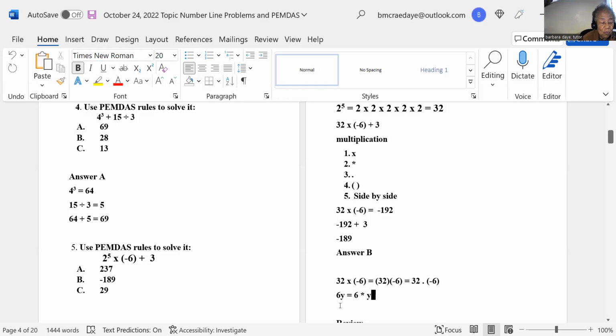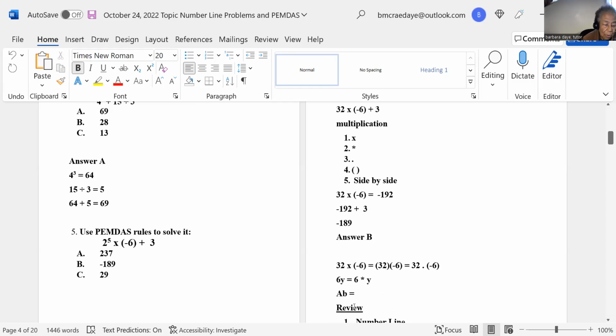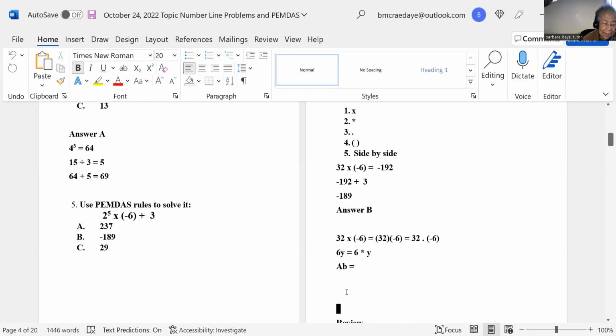Or even if you had two variables, if you had AB, what would that be equal to as a multiplication? Remember I say side by side is a multiplication, right? So if I had just AB, that's the same as saying A multiplied by B. You could have two variables, that means the variable times the variable.